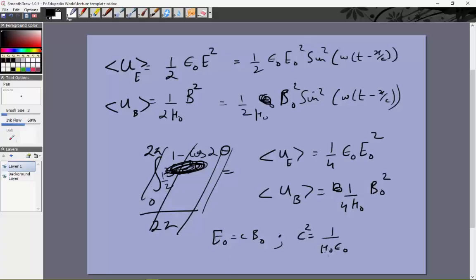From that we can see, let's start from here. 1 by mu naught, we can write it as C square epsilon naught, right? So UB comes out to be 1 by 4. 1 by mu naught I'll write as C square epsilon naught, and C square B naught square can actually be written as E naught square, which is equal to the energy density due to the electric field.